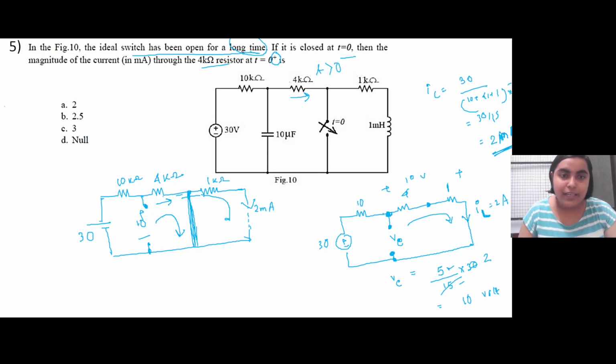Because at t equal to just 0 plus, this capacitor will try not to change the voltage, there is this 10 volt across this 4 kilo ohm resistance.